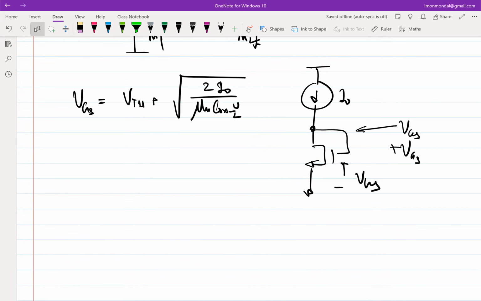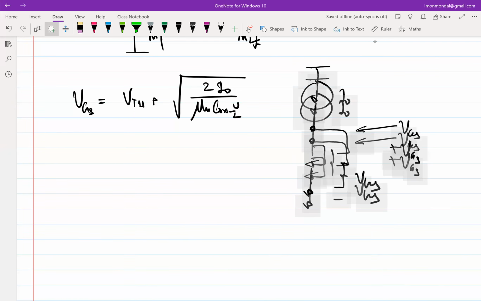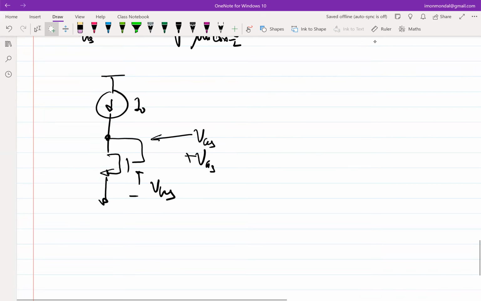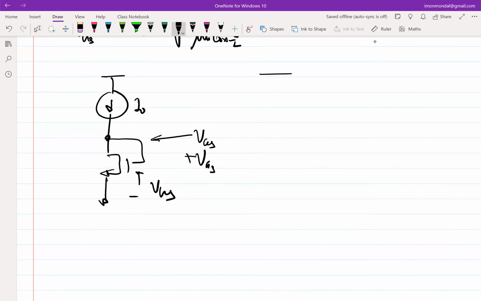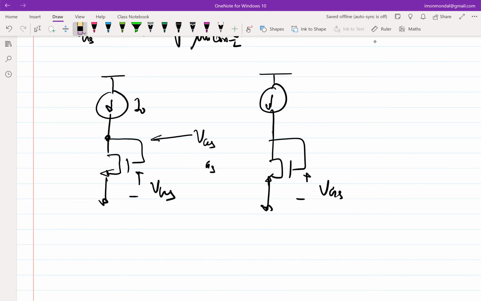Okay, so let's see. I have two same branches in parallel. This is also giving me VGS. You connect that to the top of I0. I want different names, right? Let's say M4.